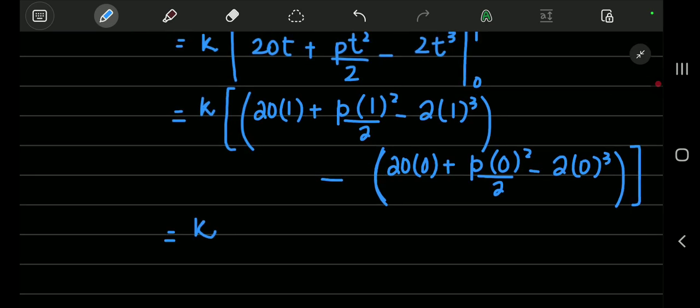We know it will become 0, but we still put the value to show the limits.